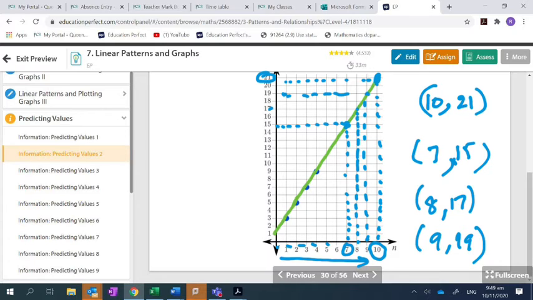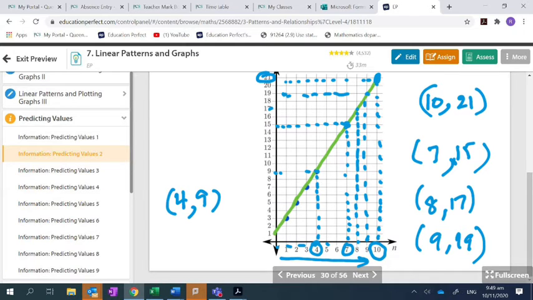For example, you want to know how much it's going to cost to have a construction crew at your house, and it's linear. Then you can just find out how many hours they work, go to the line, and boom, it tells you. So it's a really important skill, and this is one that we need you to concentrate on. All you have to do, if you were finding the fourth number, for example, that's your x value, or your n in this case, is just go up until you find that value.